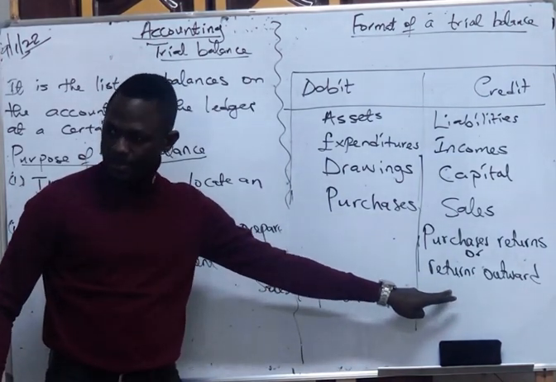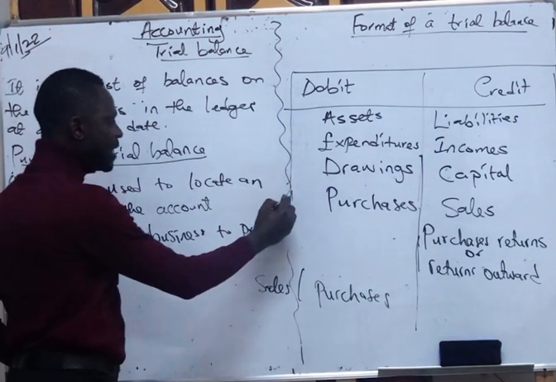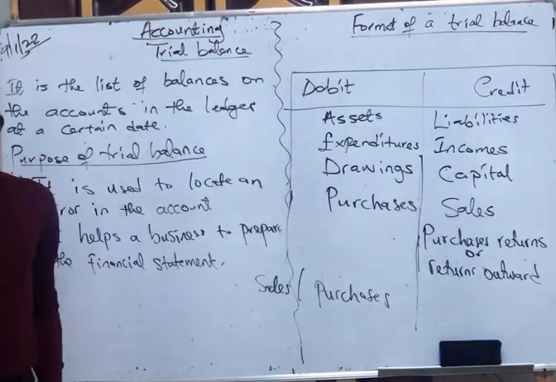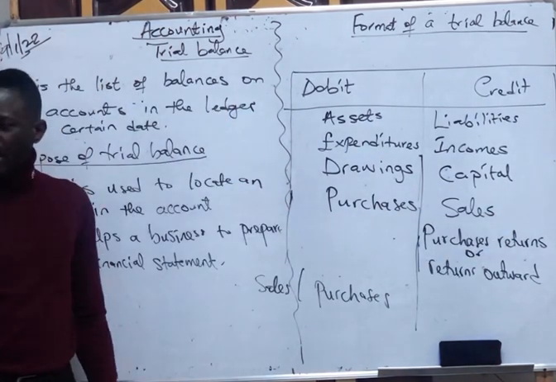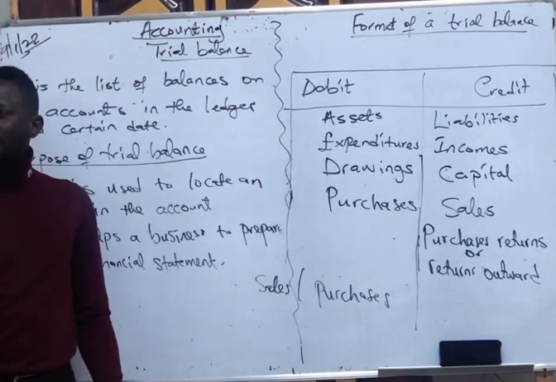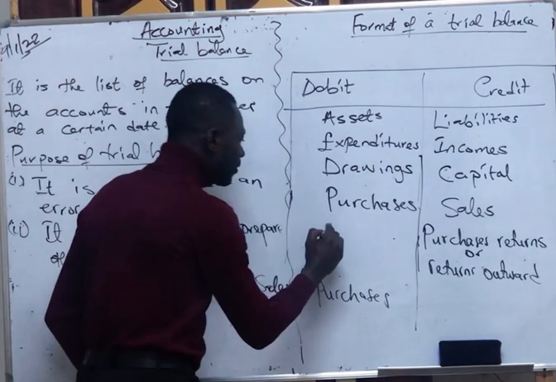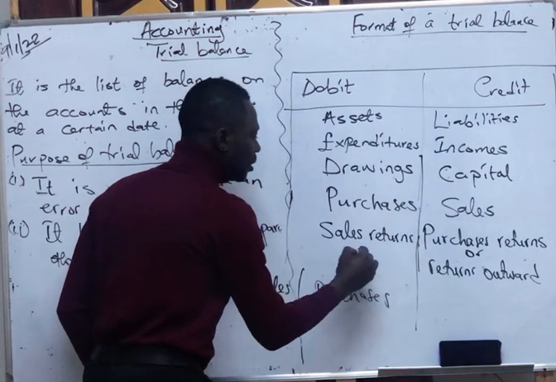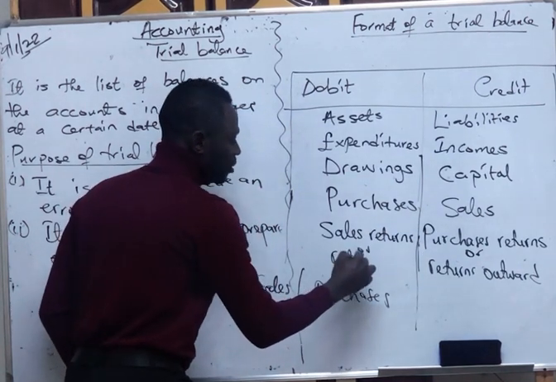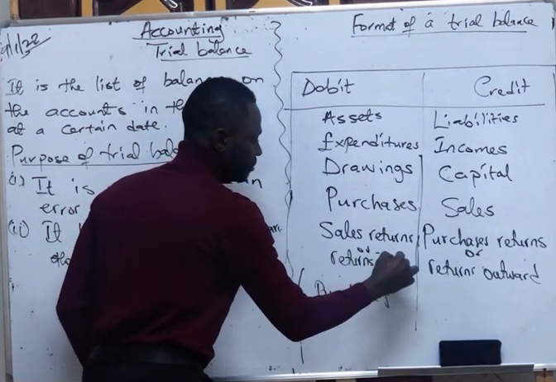Is it clear? Good. Then, on the other side here, sales. If sales is on the credit side of your trial balance, sales return will be where? Sales return will be on the debit side. Good. So we have sales returns or returns inward, right? Inward, yes. Thank you.